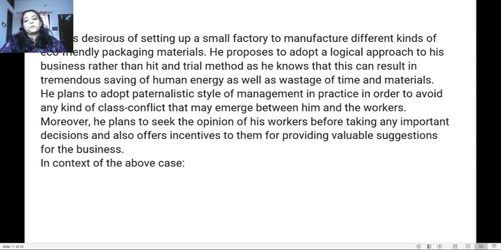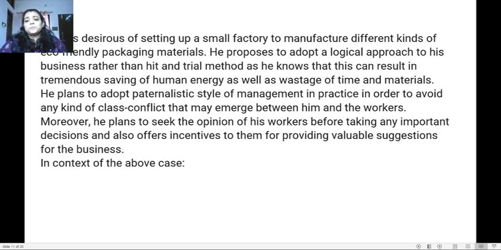This particular person proposes to adopt a logical approach to his business rather than hit and trial method, as he knows that this can result in tremendous saving of human energy as well as wastage of time and material. So a manager knows what has to be followed, and he was very sure that logical approach should be taken care of, not hit and trial method. That is, बार बार एक्सपेरिमेंट करो और फिर उसके बाद रिजल्ट देखो, वो ये नहीं बिलीव करता था.